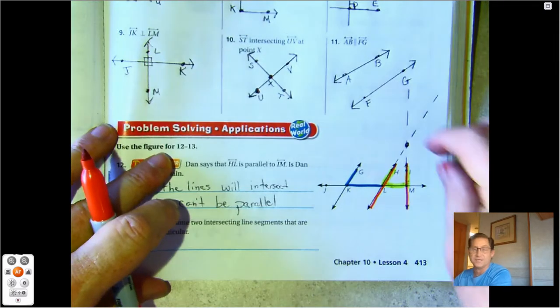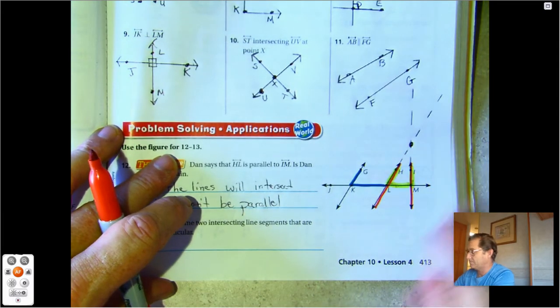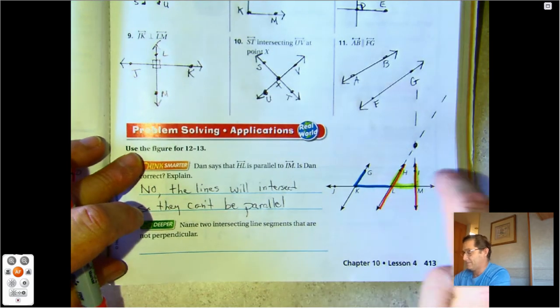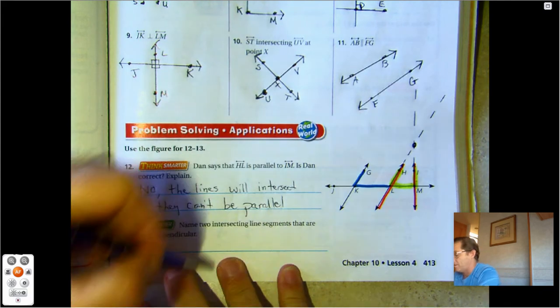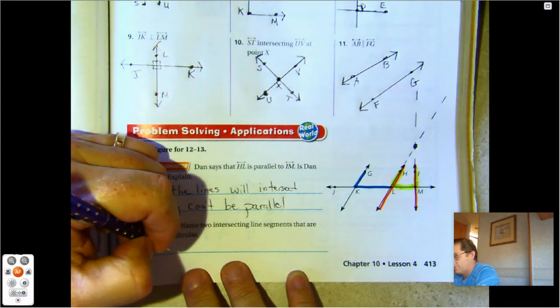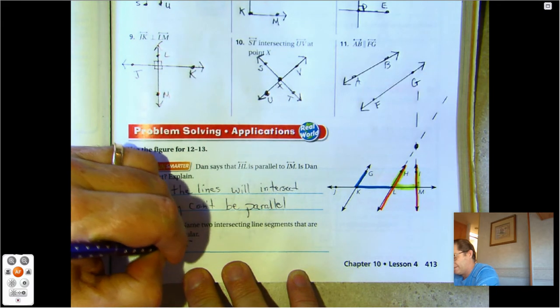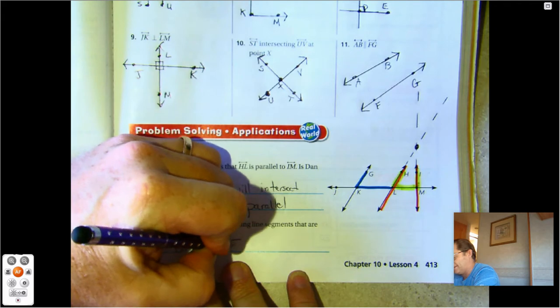Because the line segment wouldn't continue on. But LM and HL would intersect. GK and KL intersect. All right, so 2 intersecting line segments, GK and KL.